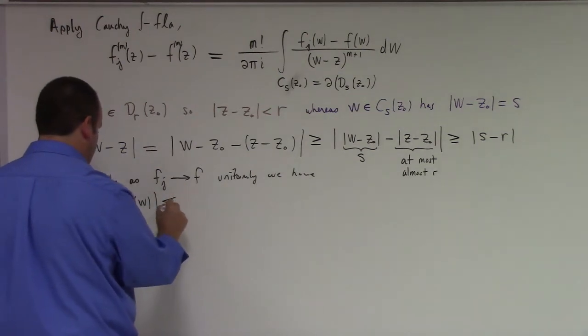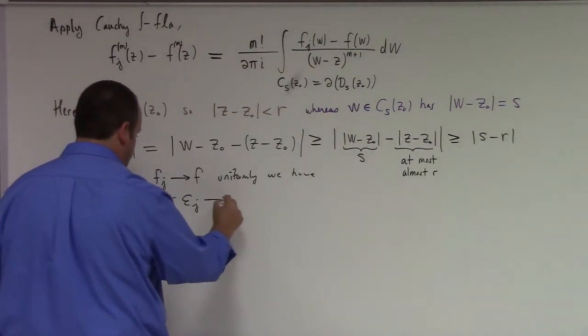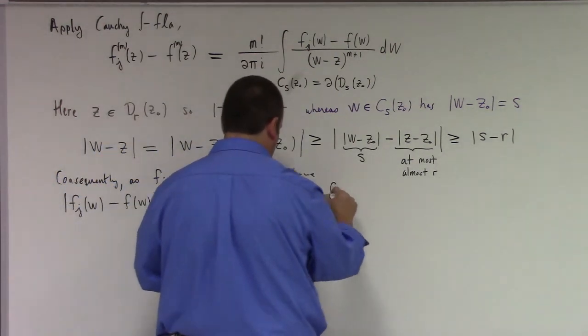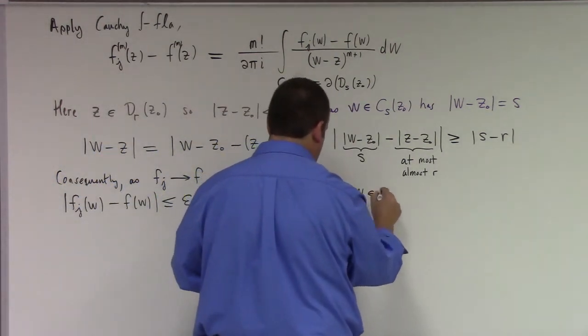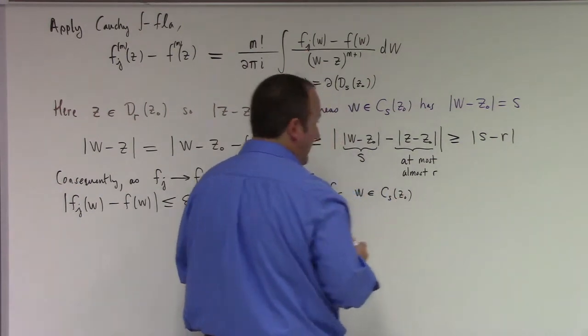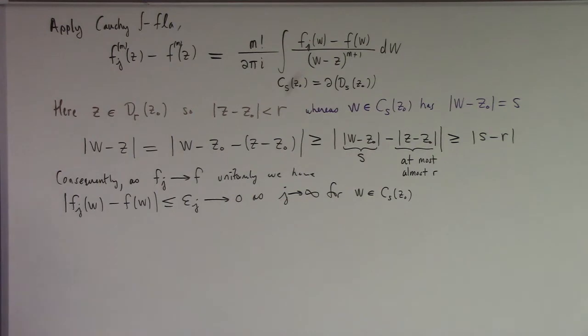That modulus is less than or equal to epsilon sub j, which goes to 0 as j goes to infinity, for w in the circle, right? I mean, we have uniform convergence of the sequence on the whole red disk. We certainly have uniform convergence on that circle, right? So we have this best case estimator, but we can do more, right?